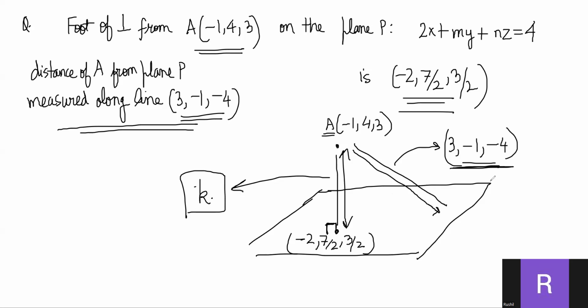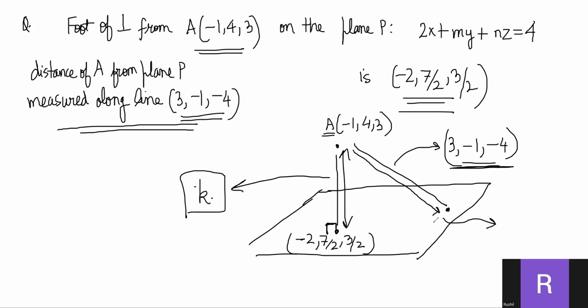We can see where the line intersects the plane and then do Pythagoras theorem. No, if you are going to solve this that way, then what's the point? We are not going to find this point.